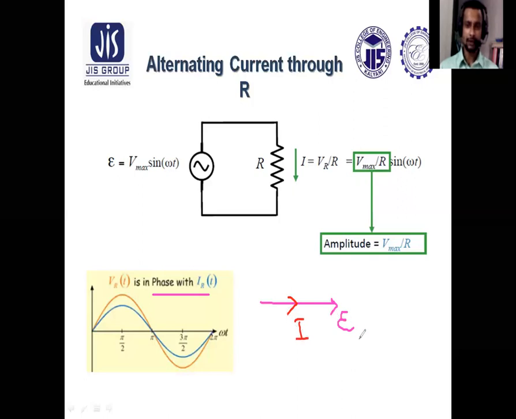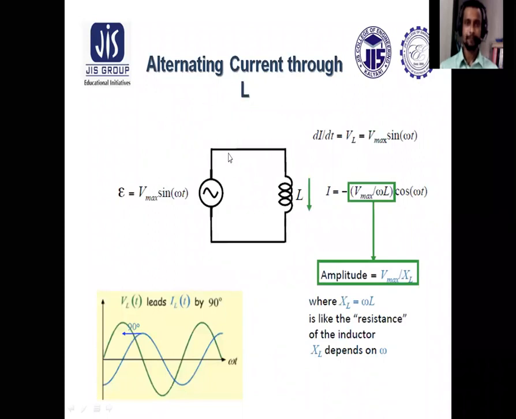So the direction of supply voltage and direction of current both will be the same. There will be no phase angle difference between these two quantities. So this is one concluding point. Okay, now let us move to the next part.